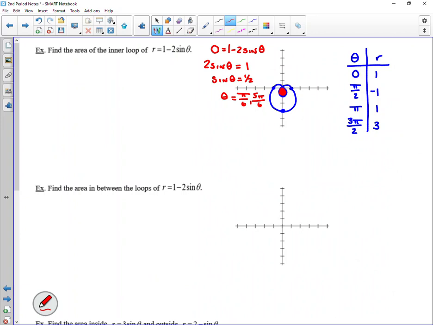Let's do it. 1/2. If you want, you could go from pi over 6 to pi over 2 and then double it, if you want to get fancy. Gotta use that identity again.